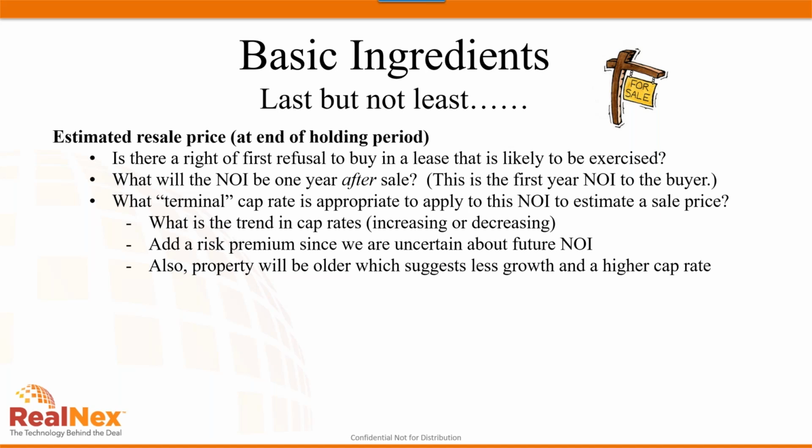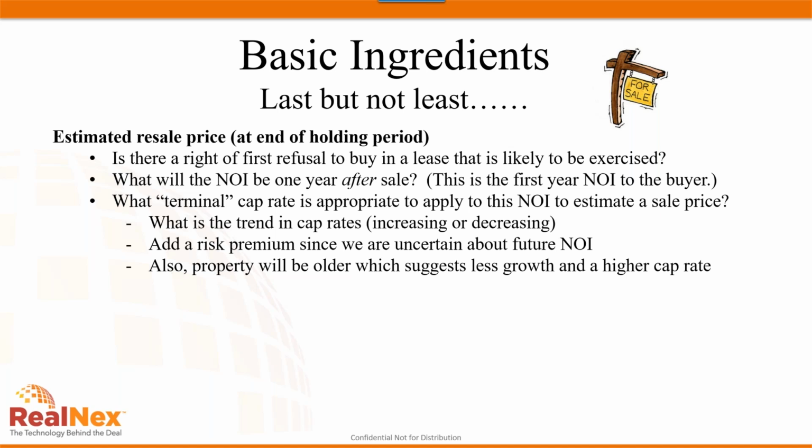And the way it's almost always done, unless there's some kind of option in the lease to buy the property, the whole property, if it's a single tenant property, or a major tenant that has the option to buy, is to say, okay, what's the net operating income when I plan to sell the property, and what do I think a cap rate is going to be at that point in time? And then you just divide the net operating income by the cap rate to get an estimate of value.